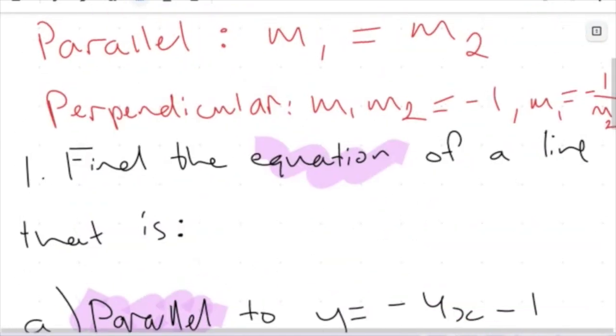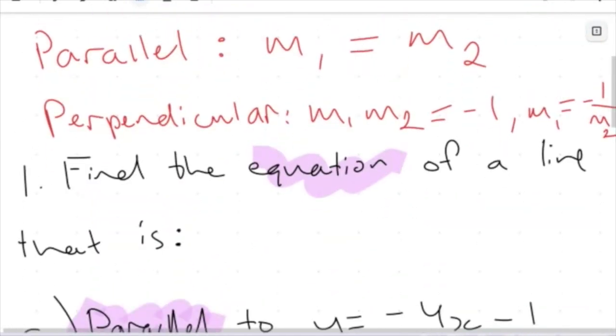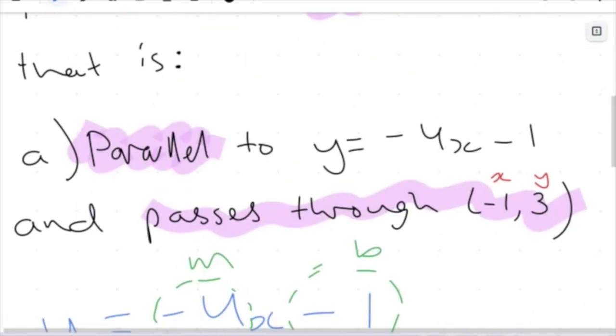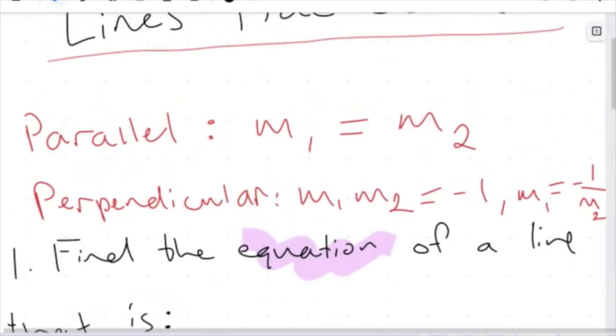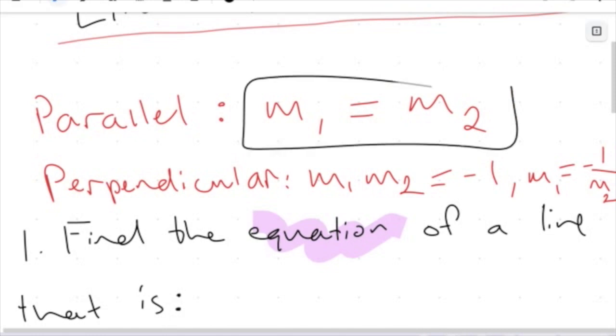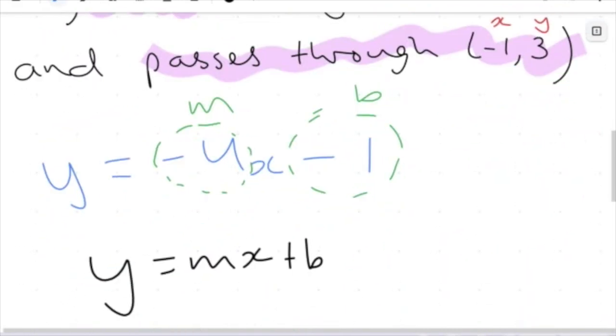Now, what do we know about parallel lines? We know that the gradients must be equal. This line is parallel to y equals -4x minus 1. If it's parallel, its gradient must be the same. So I don't have to do any calculations just yet.